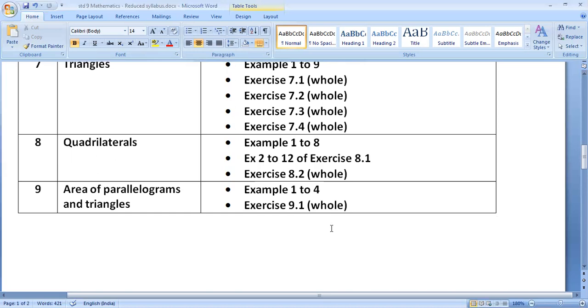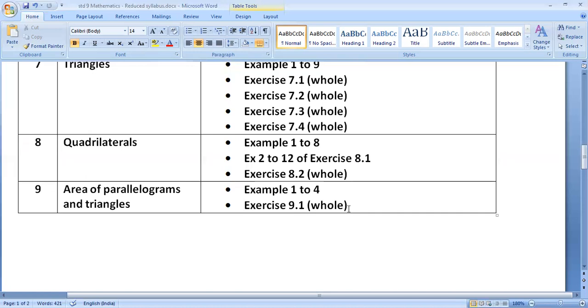In this, page 152 begins with 9.1, the introduction part, which is included. Page 154, 9.2, figures on the same base and between the same parallels, included. Exercise 9.1, the whole exercise, is excluded, as I have mentioned here also.